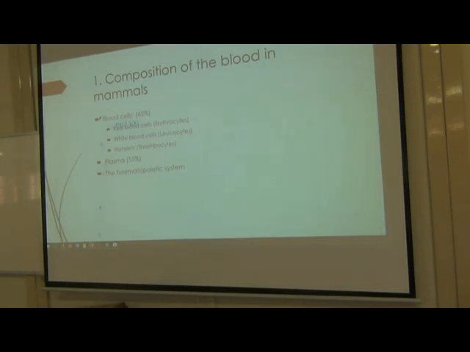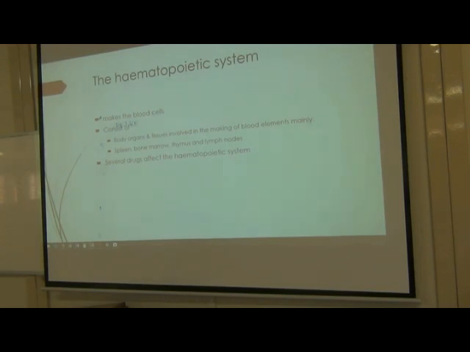That's the system that produces the blood and its components, which is your plasma and the blood cells that you can see there. So the hematopoietic system, in addition to blood, also has the body organs and tissues that help with making these blood cells.